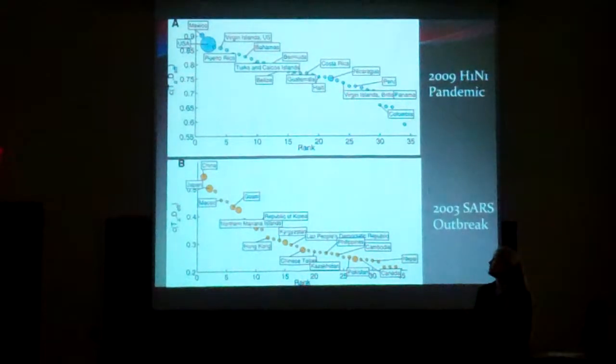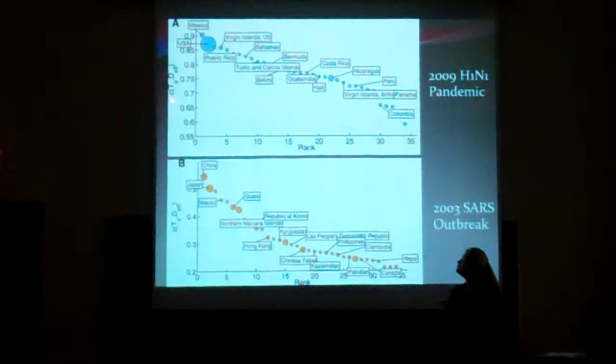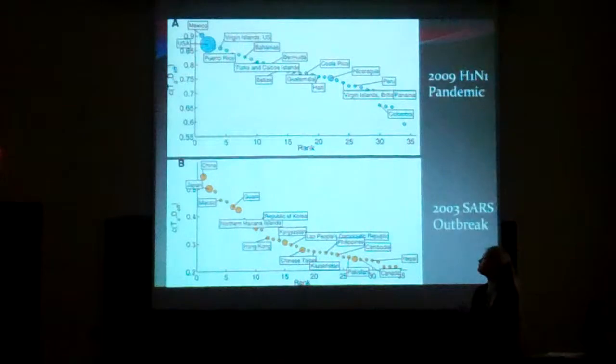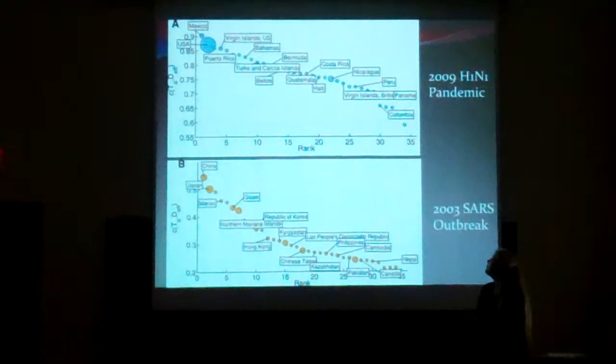So this one's a little bit different. The two variables, we have the arrival time and effective distance on one, and rank of the country on the other. The lower the rank, the more likely the country was to be the original location. For the H1N1, like I said, it was Mexico, with the USA following closely behind, but it's the lowest rank.